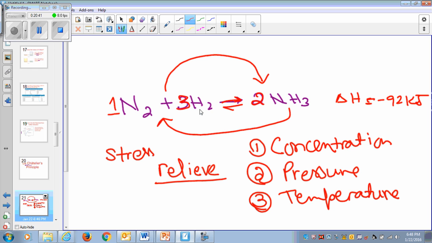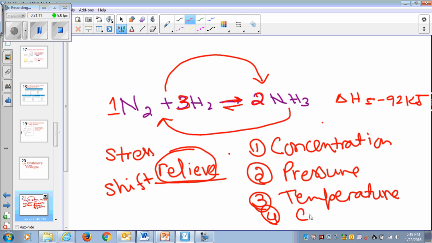So basically, if the chemical reaction is at equilibrium and you want to disturb it, then the reaction will automatically shift. We use the word shift for a direction in which it can relieve the stress that you have provided. Now we are going to see how we can stress it by concentration, pressure, or temperature.